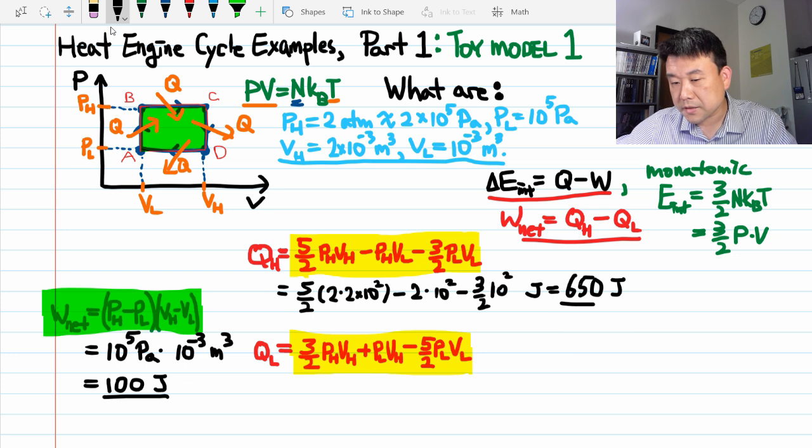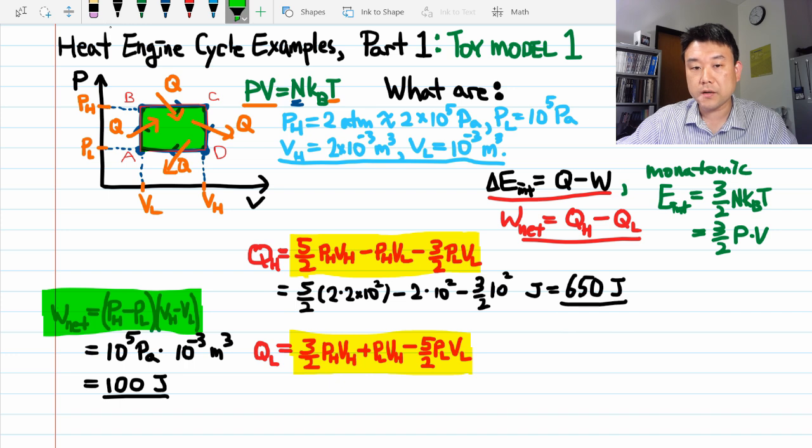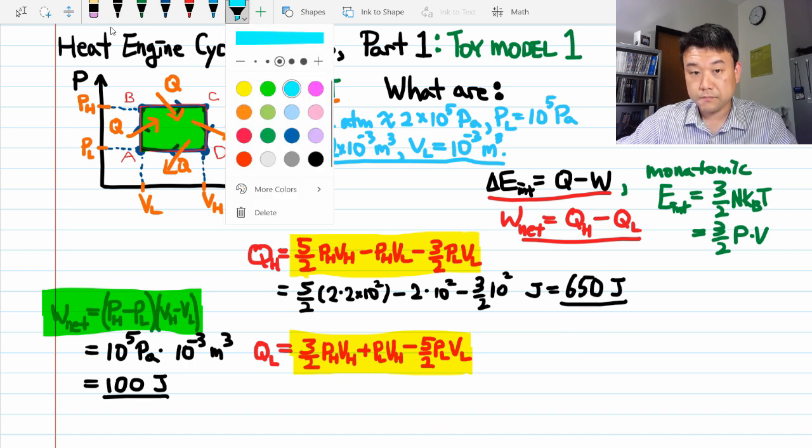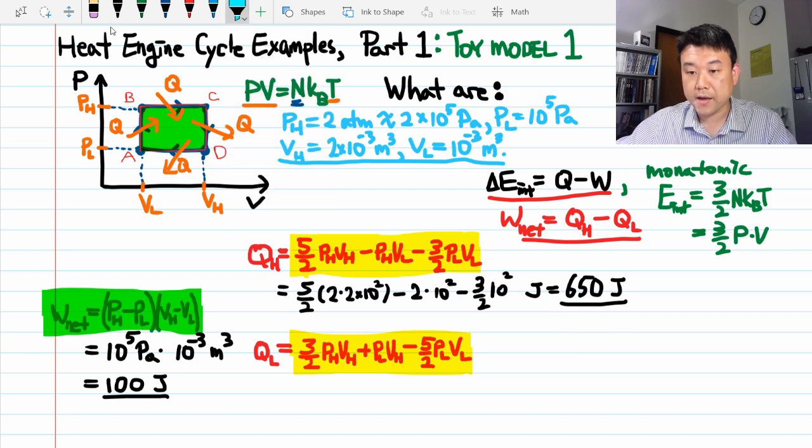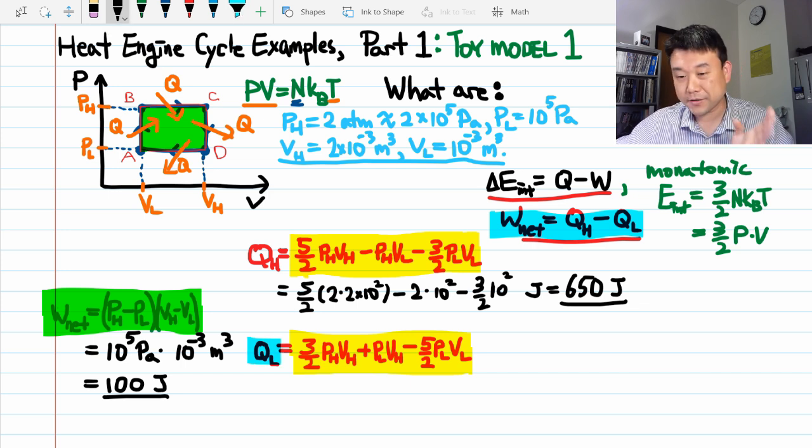Does this number seem large to you compared to the work done? Yes, it's pretty large, and that's what I mean by number sense. Without doing any further calculation, because you can read this here, the net work done is QH minus QL, so you can figure out what QL is. If you doubt me, you can plug in the numbers and do it for yourself.